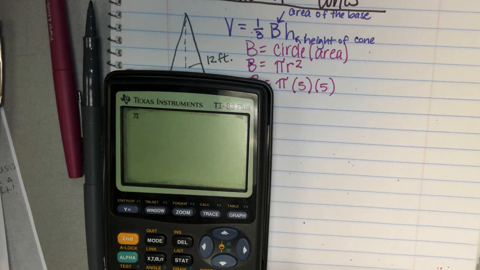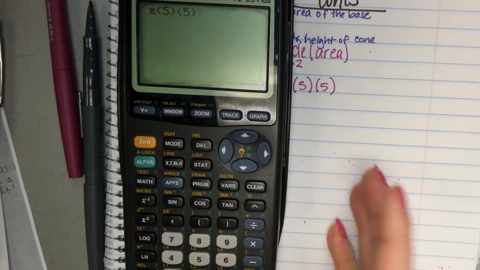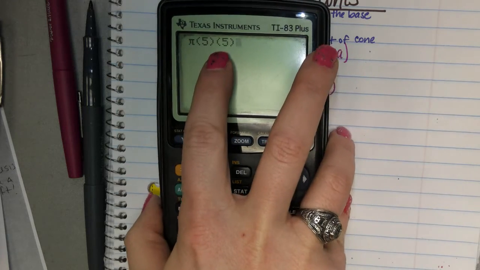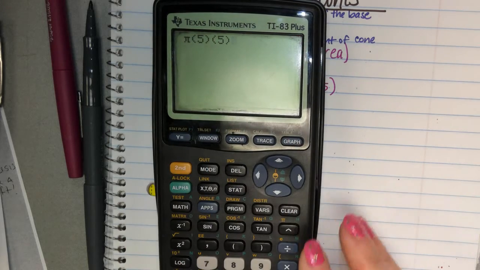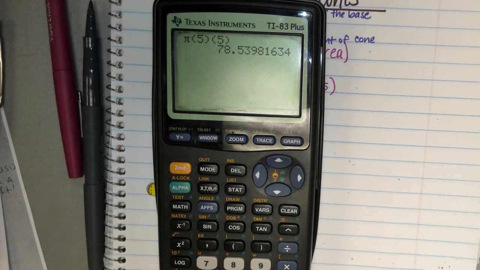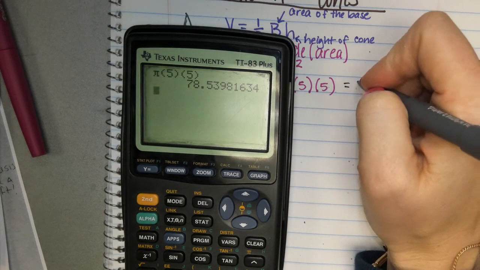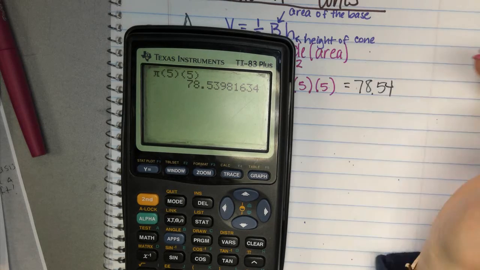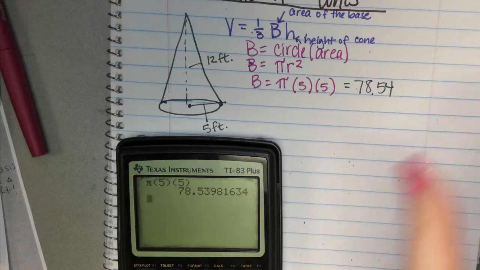We're going to put pi and then times 5 and then 5 again, just like we wrote here. You can use the parentheses. The calculator knows that that means 5 times 5 times pi. We're going to press enter, and that gives us our big B, which is 78.54. We're going to abbreviate that. 78.54. So now we know what our big B is.